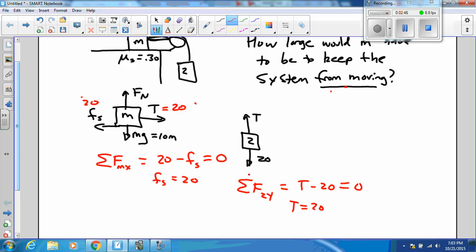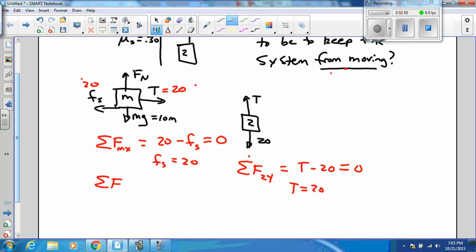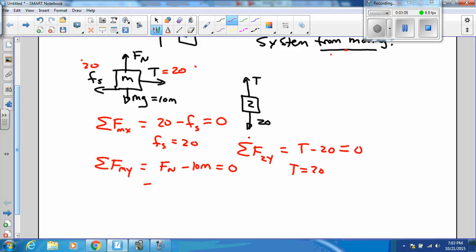And these two forces here and here cancel each other out. And then we do the sum of forces on the mass in the y direction, and that's going to give us normal force pushing up minus 10m, the weight pulling down, and that's equal to 0 because the block is not accelerating off the table. And that immediately gives us that Fn is equal to 10 times the mass m.